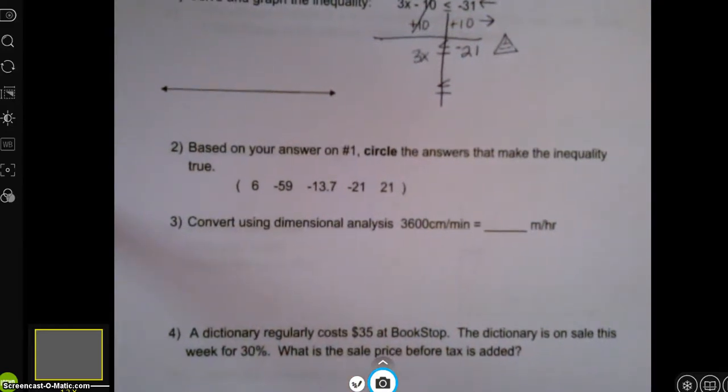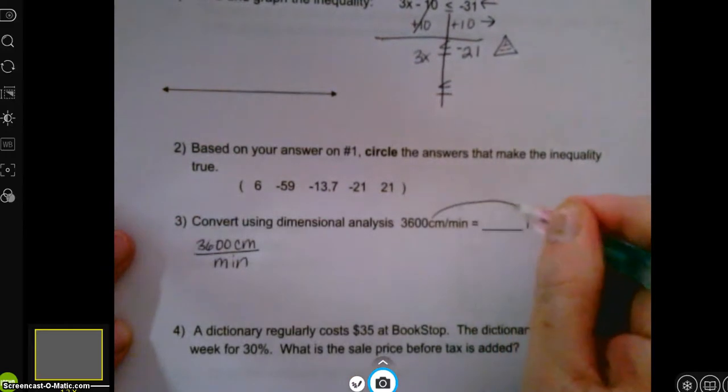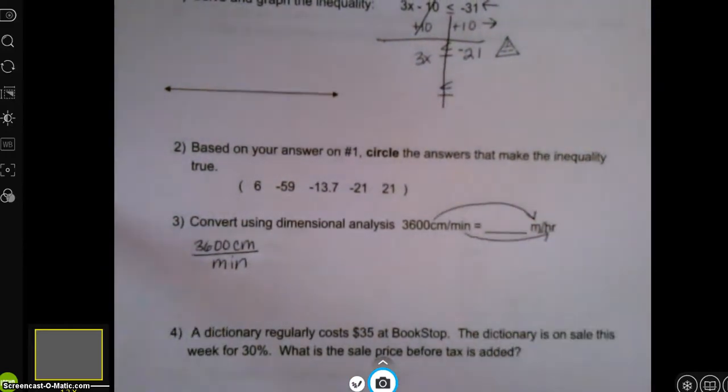Number 3 says convert using dimensional analysis. So remember, start with what you are given. So 3,600 centimeters per minute is my starting point. I'm going to change centimeters to meters and minutes to hours, and it doesn't matter which I do first. Okay, so let's do centimeters to meters.